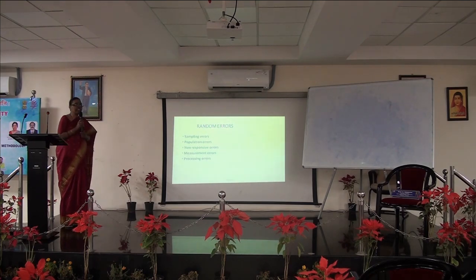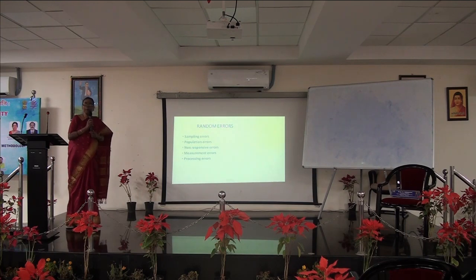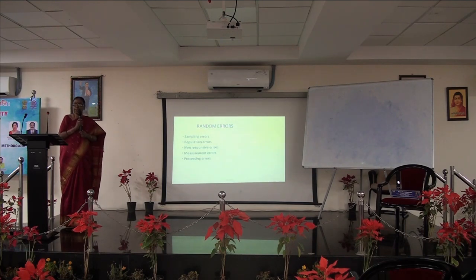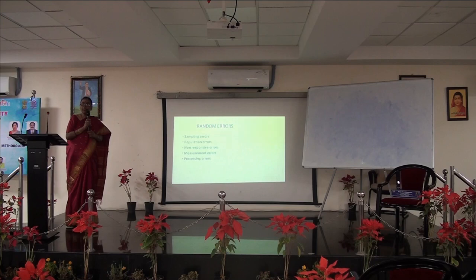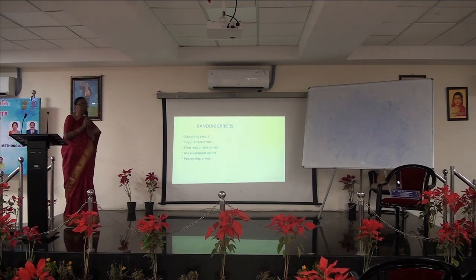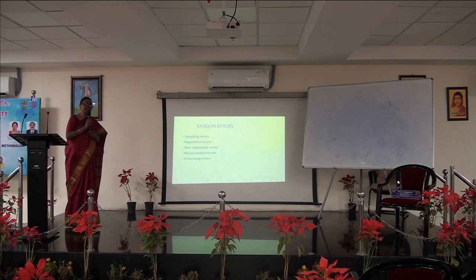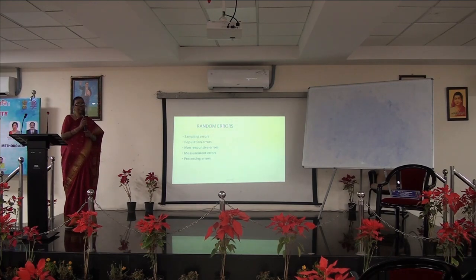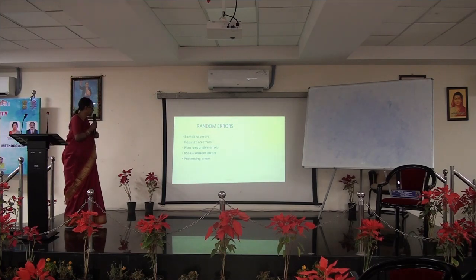Non-response errors: there may be some people who do not respond. You have selected them, but they do not respond. So that also comes as error. Next one is measurement errors. What you want to measure, that is validity. If you measure consistently, that is reliability. Reliability and validity come under measurement errors.